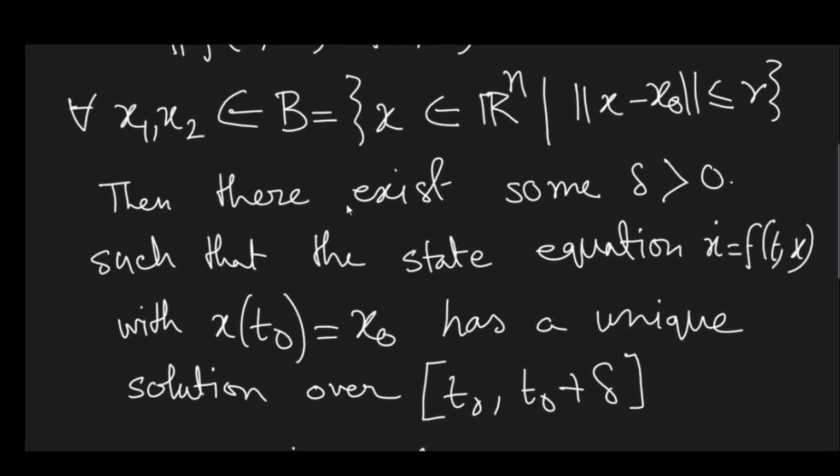Now an obvious question may hit you: what is the point here? We are defining the localness in terms of the state variable x, not in terms of time. But while defining the range of solution, we are defining it as t0 to t0 plus delta.